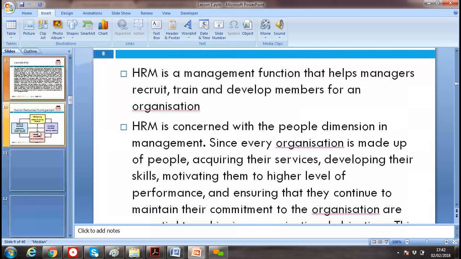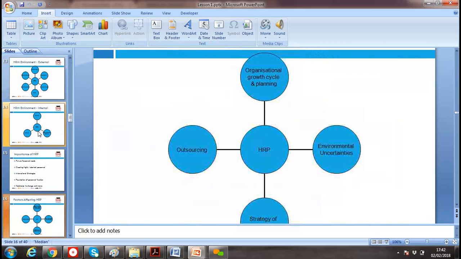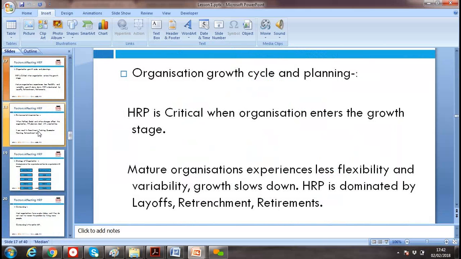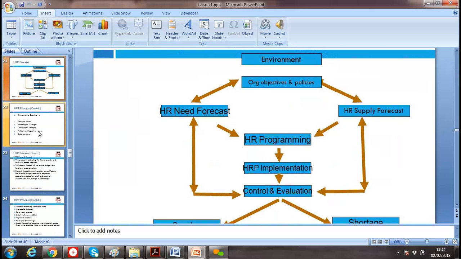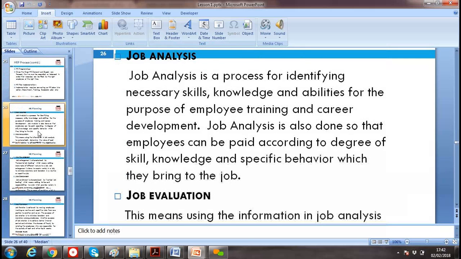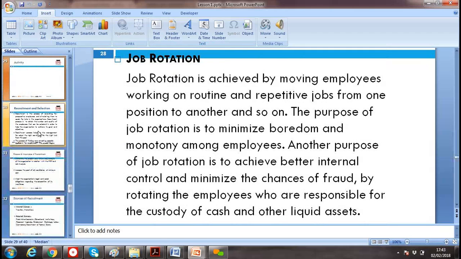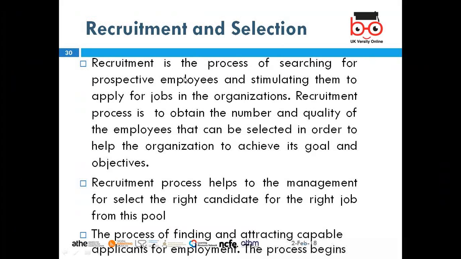During our last lesson, our discussion was recruitment. Then we discussed whether we can recruit internally or externally. Internal recruitment could be promotions, and we discussed external recruitment as well. Recruitment is the process of searching for prospective employees and stimulating them to apply for a job in the organization.